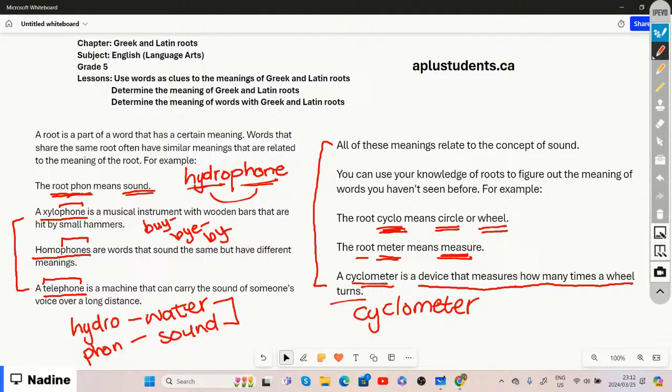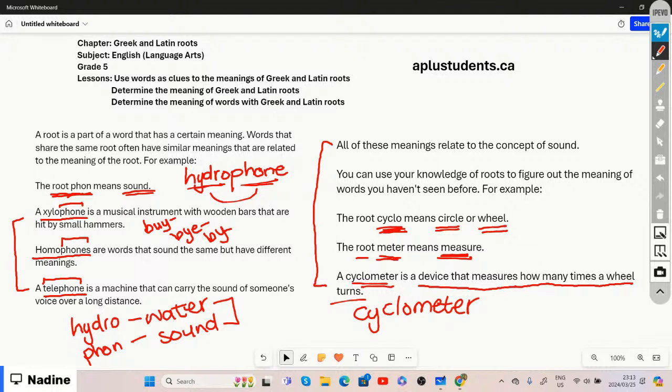All right, so that is basically Greek and Latin roots, right? So we said that with Greek and Latin roots, you have a root, and a root is a part of the word that has a certain meaning.